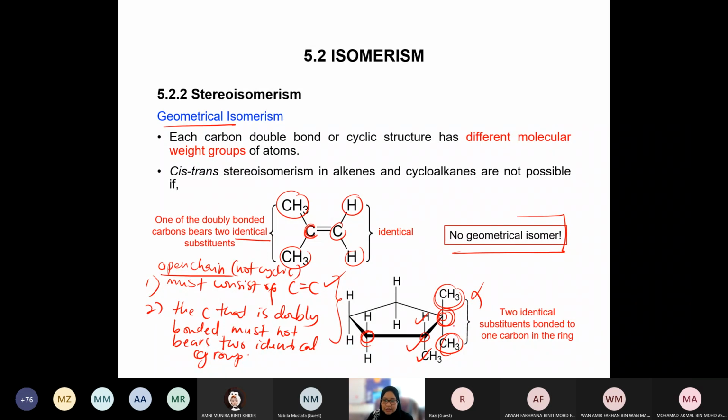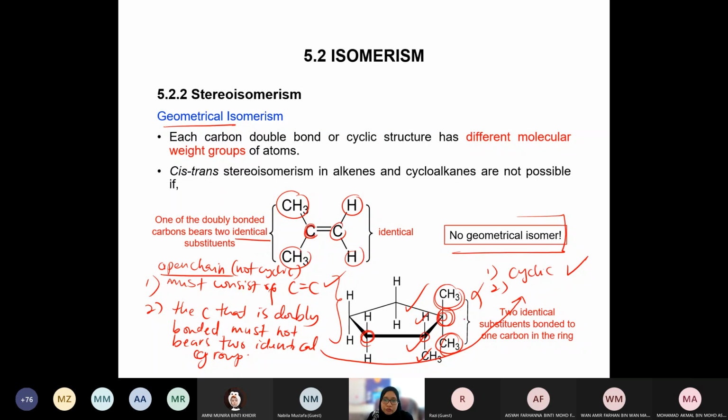Okay, so kalau for cyclic, first kena cyclic lah. Cyclic form. Okay, cyclic form pass. Yang kedua, tak boleh pegang ni, exactly the same. Saya paste kat sini exactly the same. So dia ni pass number 1, number 2 dia tak pass. Both of the carbon yang kita nak compare tu must be attached to two different atom ataupun two different group.